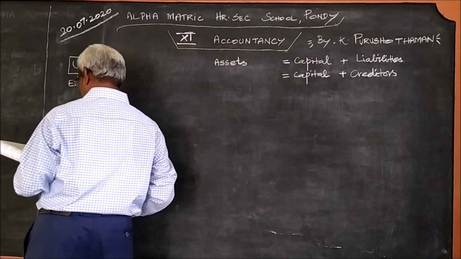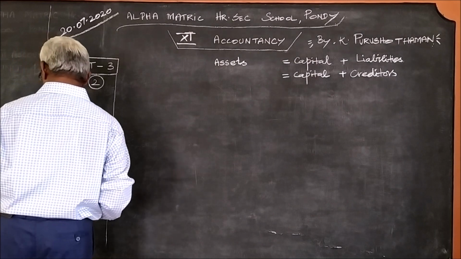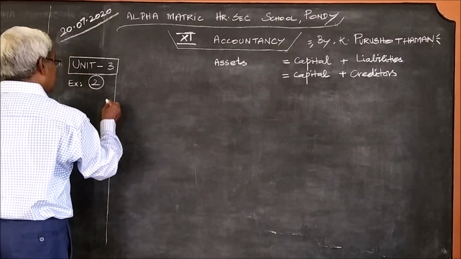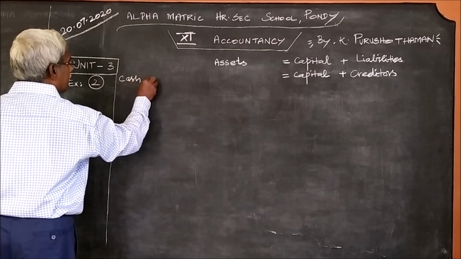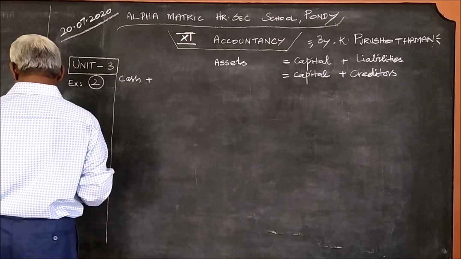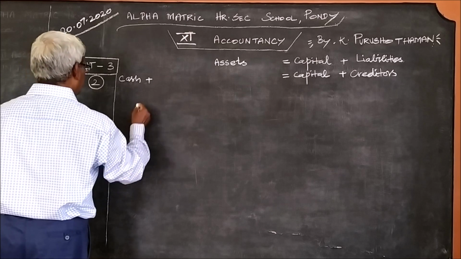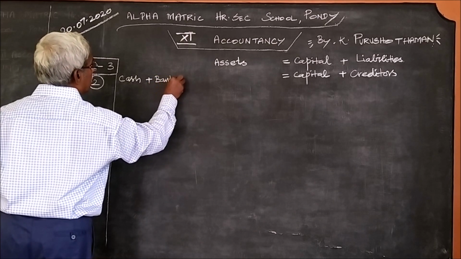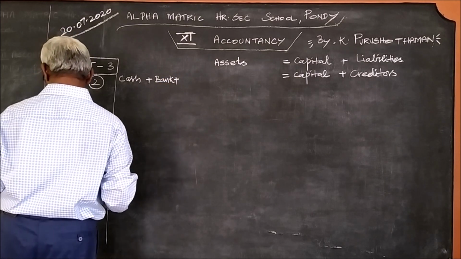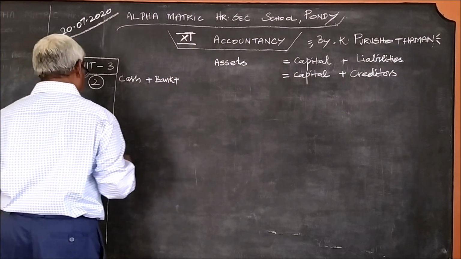From this sum we can collect the different types of assets. One, cash. Other one, bank. The third one, stock.